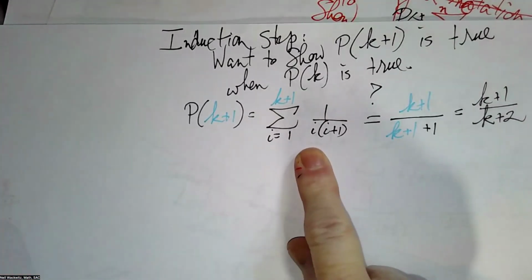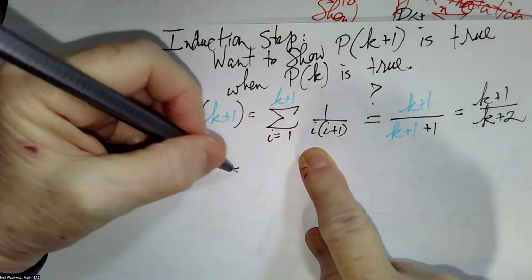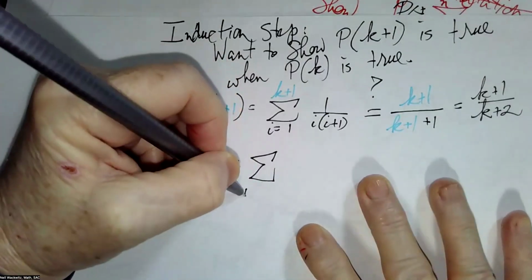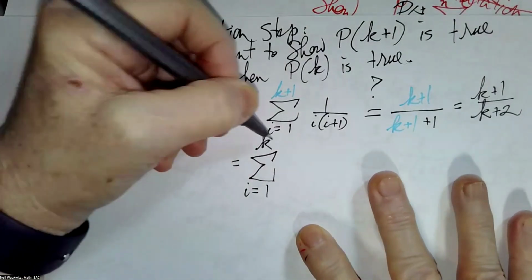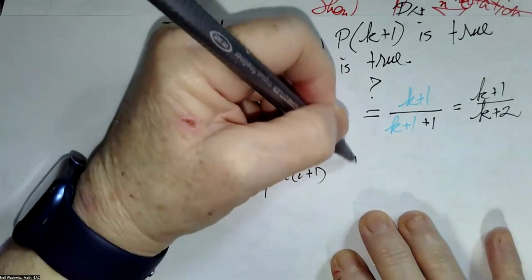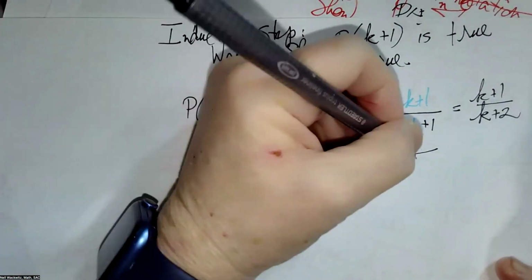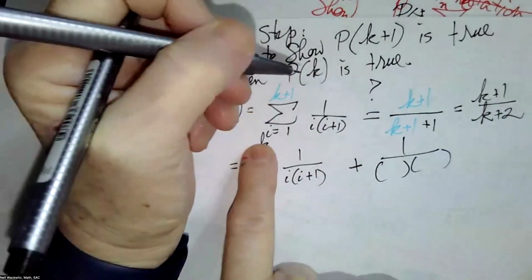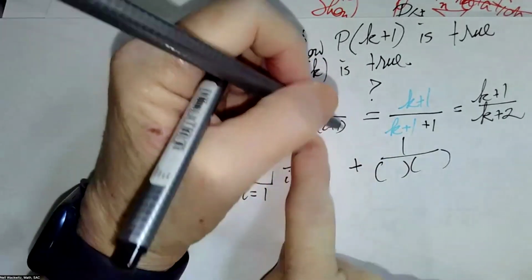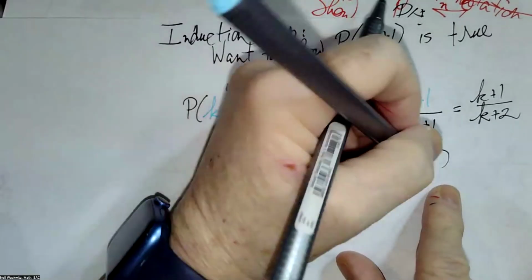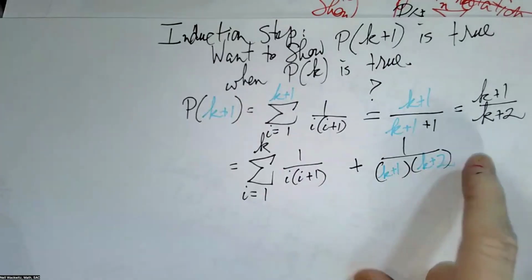We're going to do the same trick. We're going to rewrite this summation as the sum as I runs from 1 to K of 1 over I times I plus 1, plus 1 over, at the K plus first one, we'll have 1 over K plus 1 times K plus 2, K plus 1 plus 1.